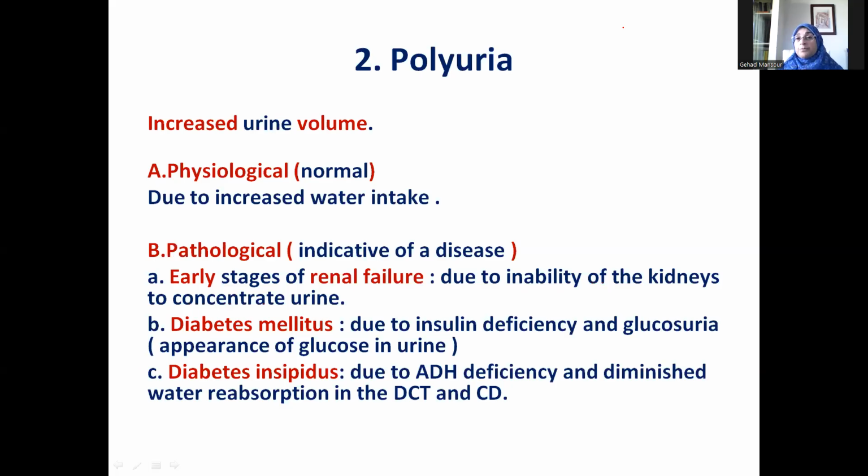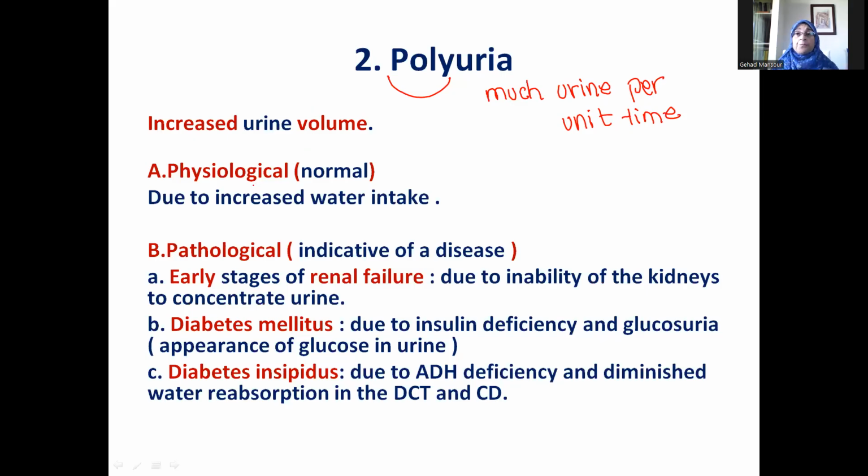Another important symptom is polyuria. As the name indicates, poly means many or much, both work according to what you are talking about. So polyuria means that you are producing much urine per unit time. You produce a large volume of urine per unit time, so it is increased urine volume.